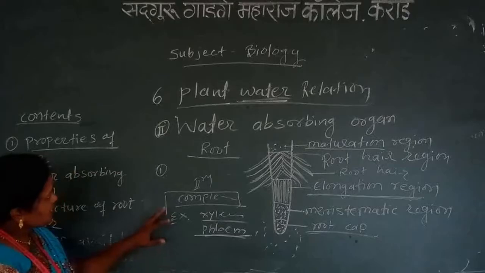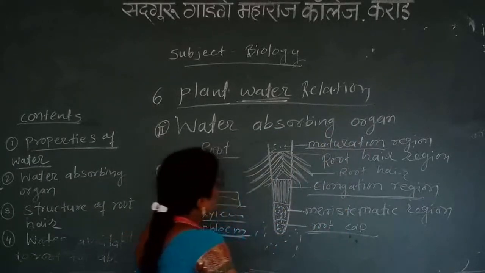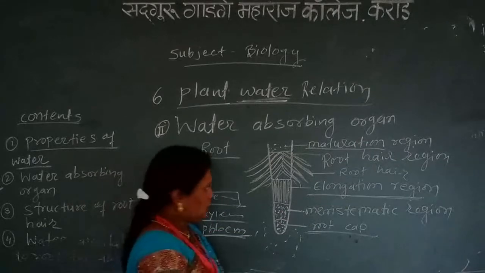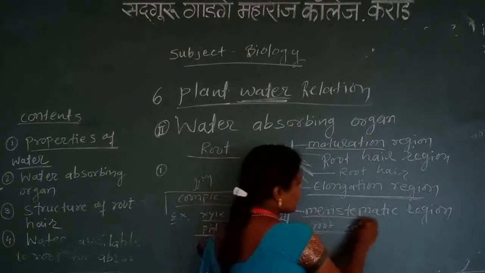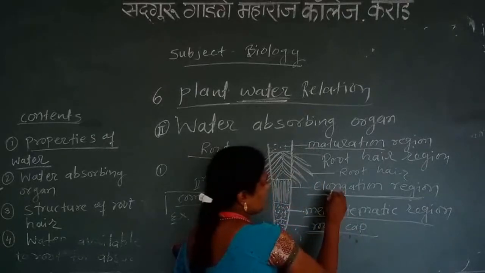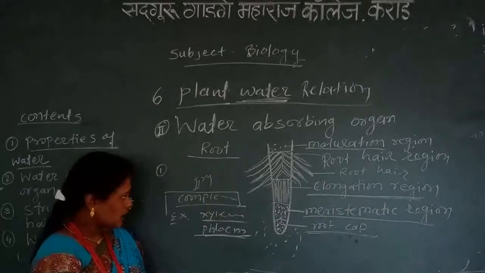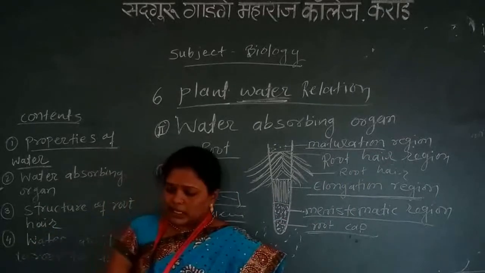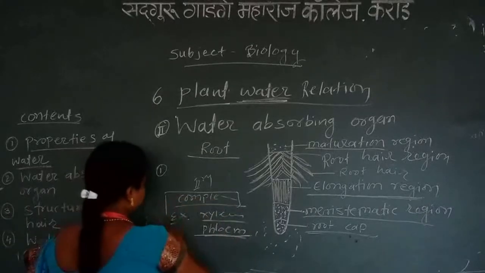So this is part of the water absorbing organ. Here are 4 regions: meristematic region, elongation region, root hair region and maturation region. Then the next part is the structure of root hair.